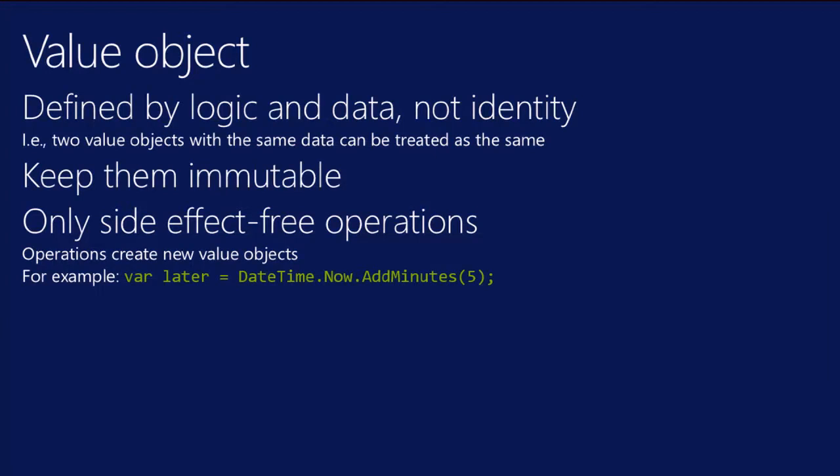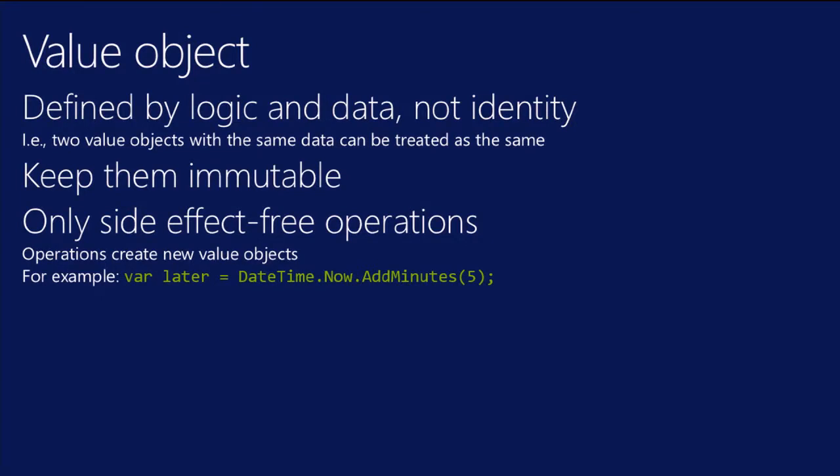If you have DateTime.Now, which is a globally available object, and you want the time that is now plus 5 minutes in the future, you say DateTime.Now.AddMinutes(5). And you don't change Now, right? That would have very interesting side effects. Instead, what you get is a new DateTime object that represents the time now plus 5 minutes.